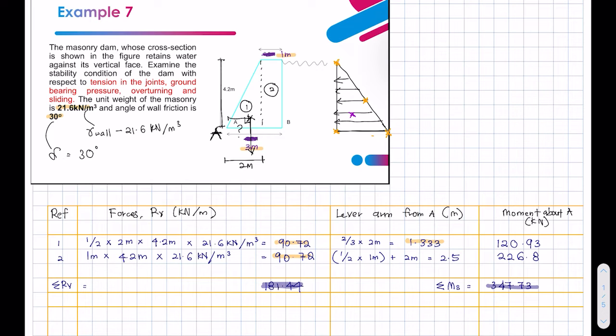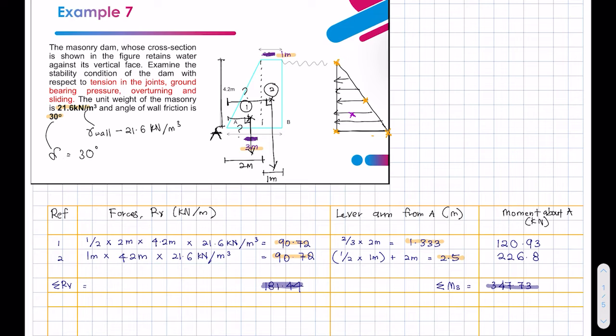Next, we have the second area, which is rectangle going down. The force, kita nak sampai point A 90 darjah. 1/2 darab dengan 1 meter width of this rectangle plus 2 meter nak ke A. That's why kita dapat this 2.5.